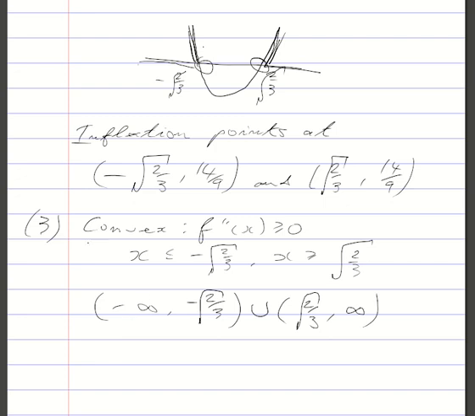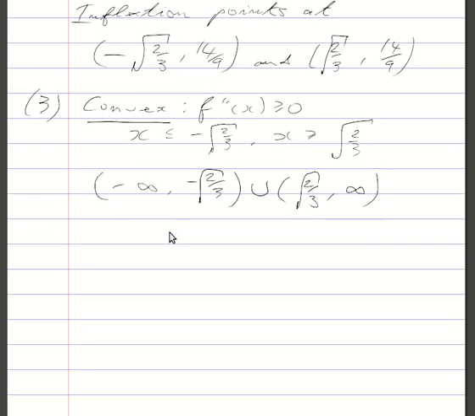So that is where our function is convex. Now make sure you indicate clearly what your calculation belongs to. Here we can clearly see that this is where the function is convex because that's the section you're working under.